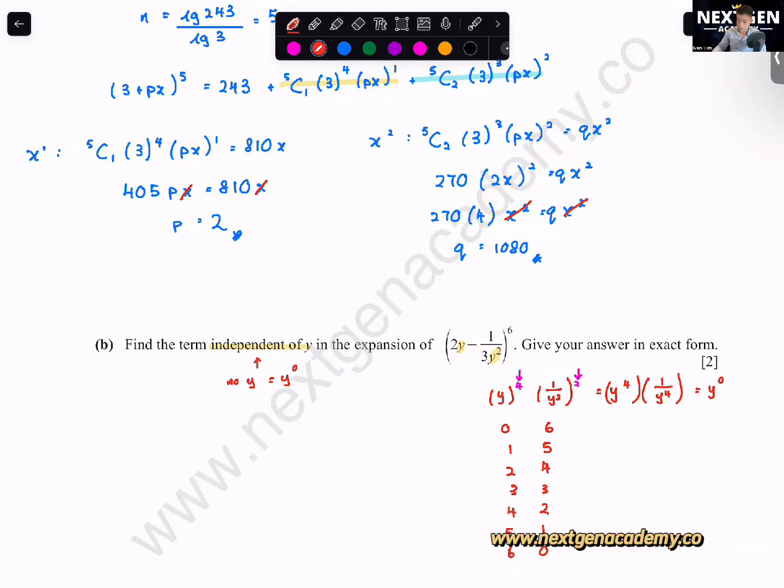Now that we know this, we put it into the formula. You don't have to find every single term. Please don't waste your time doing that, you won't get any extra mark. You just find when your power is 4 and 2. So we will write here 6C2, 2y to the power of 4, negative 1 over 3y squared to the power of 2. Expand it like this.